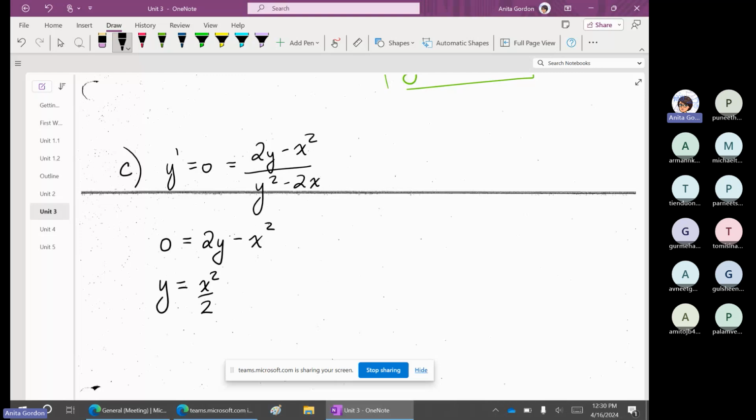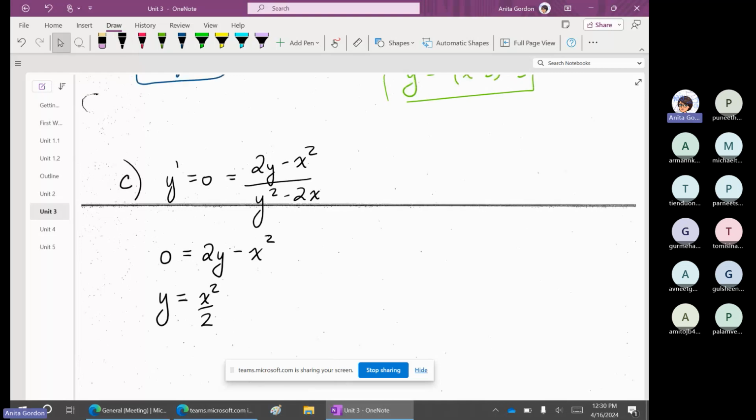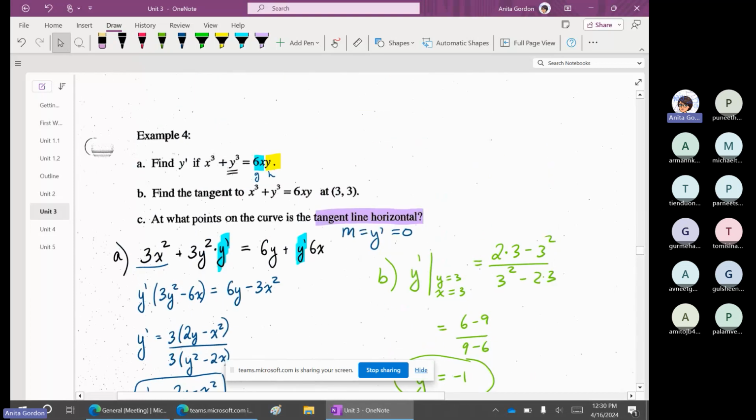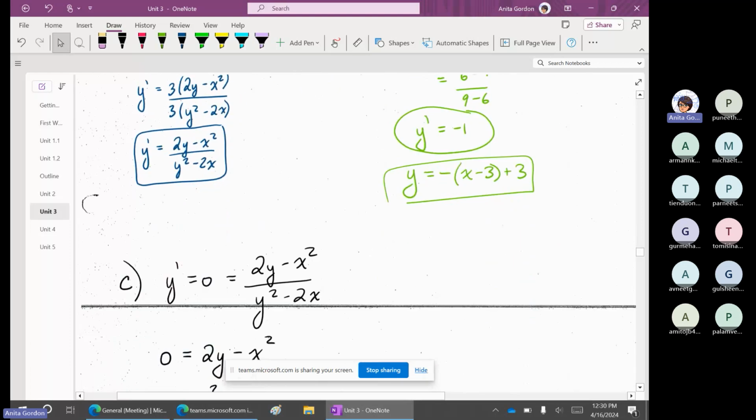Okay, I want to know where the derivative is 0 on the original curve. So I'm working backwards, right? In B, they gave us a point and we found the derivative. Now I know the derivative. Where is the point on the original curve?